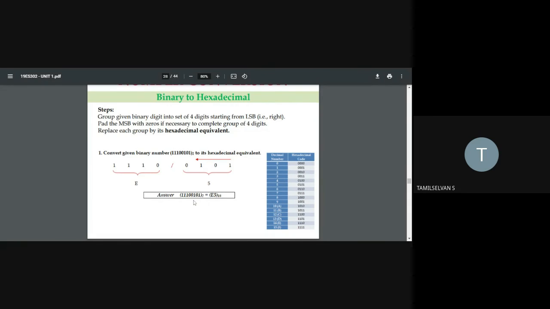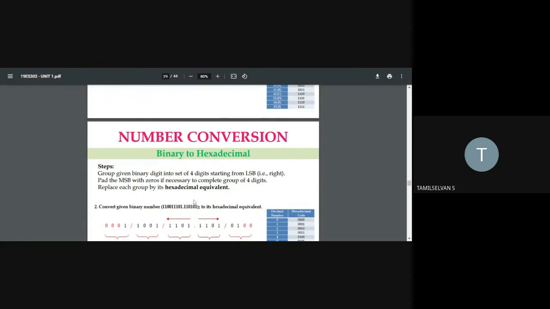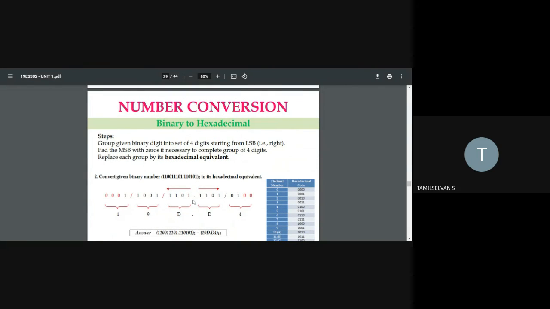So next I can move to example number 2 in the same concept with floating point numbers, right? The same methodology has to be followed as binary to octal value. Octal value means 3 digits, and in the hexadecimal value there are 4 digits, right?